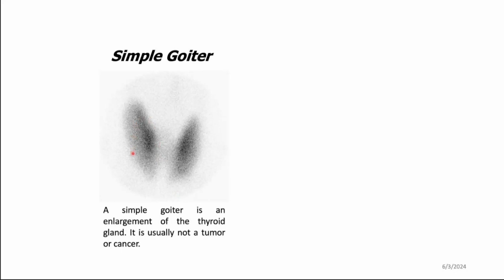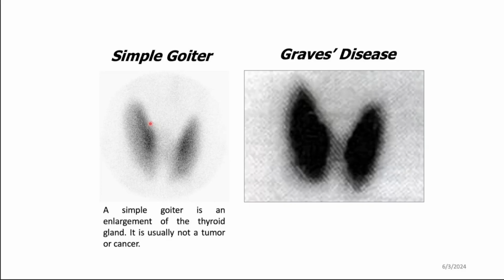I know it's somewhat tricky to know which one is normal versus enlarged only by nuclear medicine, but we have to do the ultrasound and take the measurement. That's how we know. So this patient has simple goiter, okay, an enlarged thyroid gland, but normal activity, normal uptake.